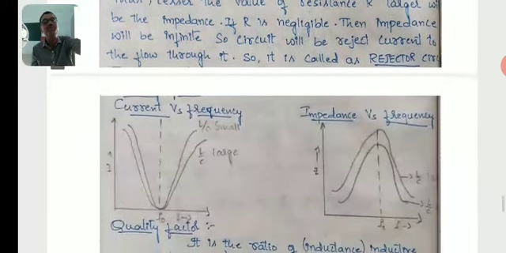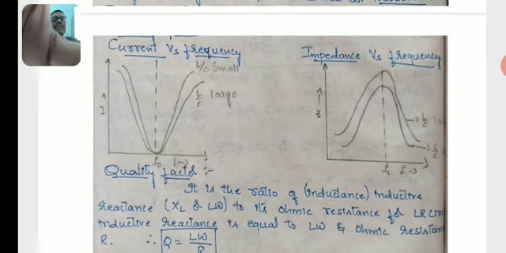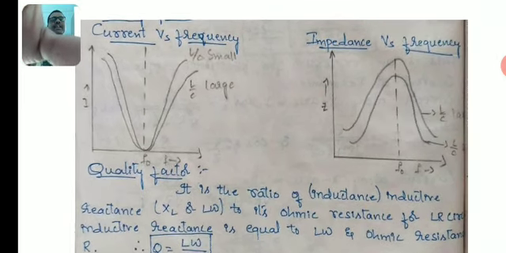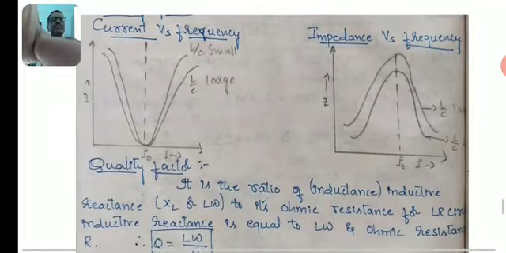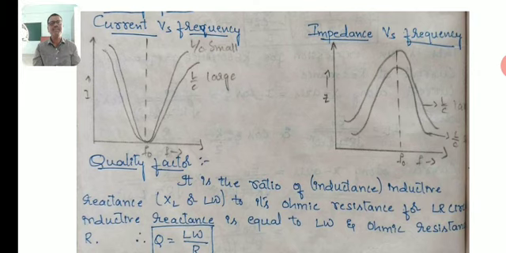Rejector circuit. So just as in the diagram, current versus frequency in case of an LCR parallel circuit, with current along the y-axis and frequency along the x-axis. As the frequency increases, the current goes on decreasing, then it reaches the minimum value under the resonance condition.